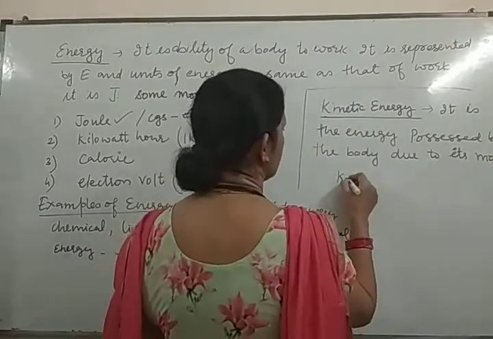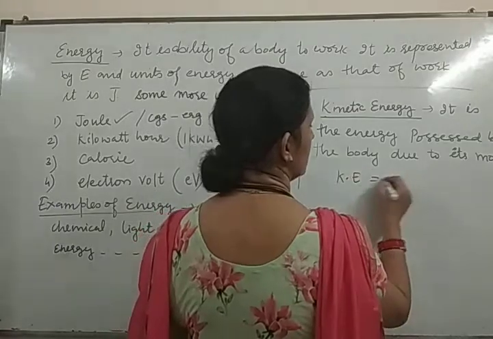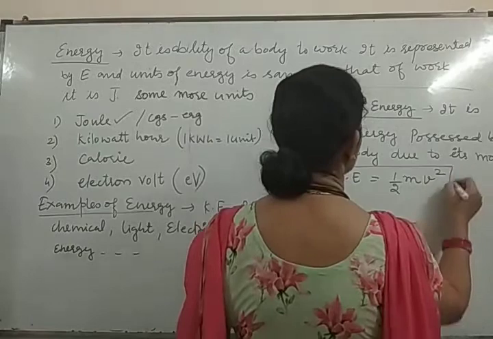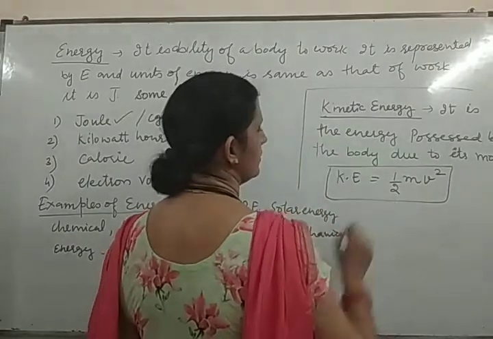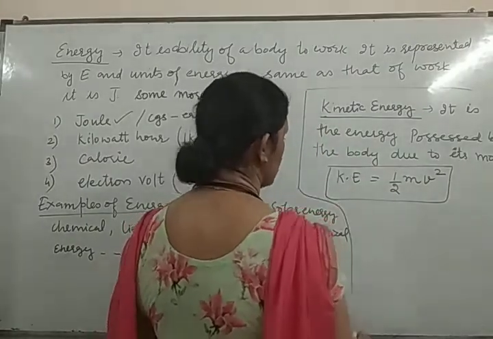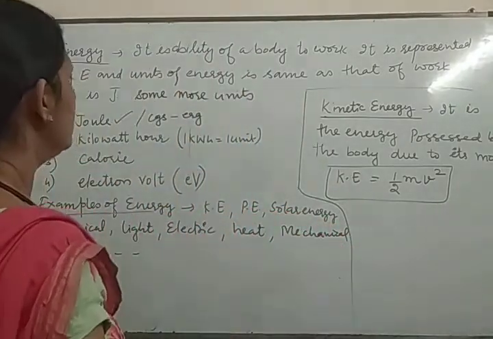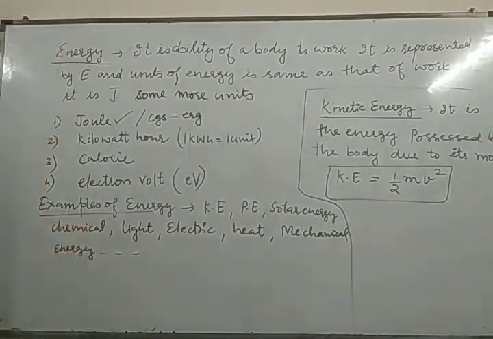Kinetic energy is equal to the product of mass and square of velocity. Now we will derive the expression for kinetic energy. Till then, you note all the points.